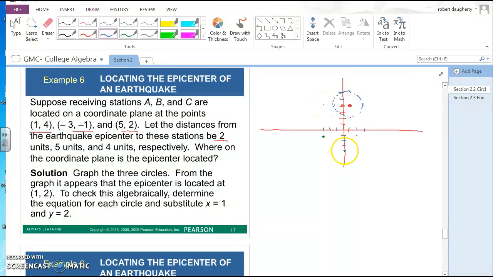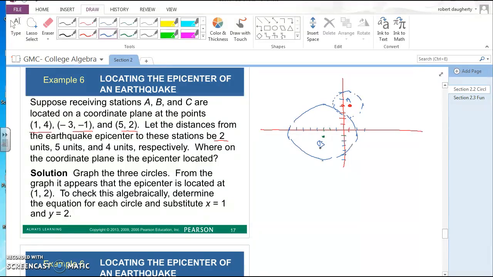And 1, 2, 3, 4, 5, something like this. So I've got a circle that's doing something like this. So this is circle A, that's B.